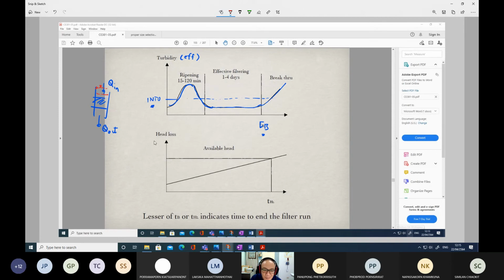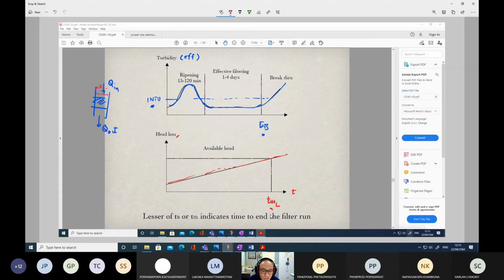So if we plot the head loss with respect to time, it will always be something like this, gradually increasing. But this is the limitation. If it increases beyond this, water will be overflowing. So this is the limitation.